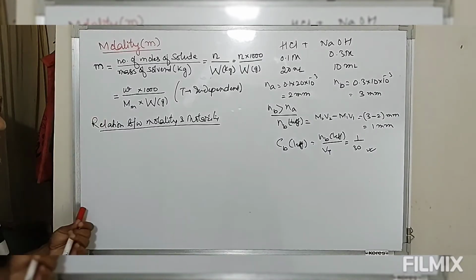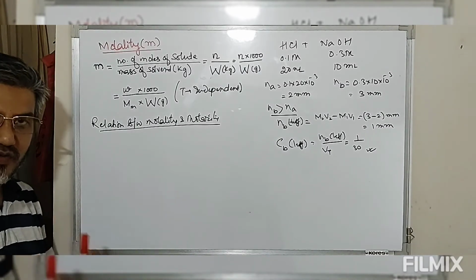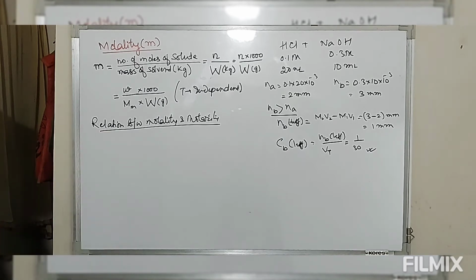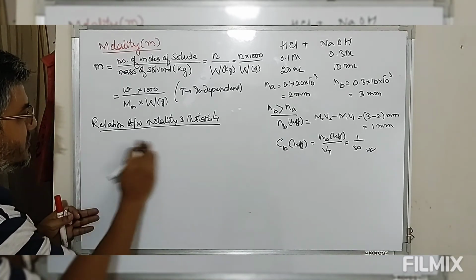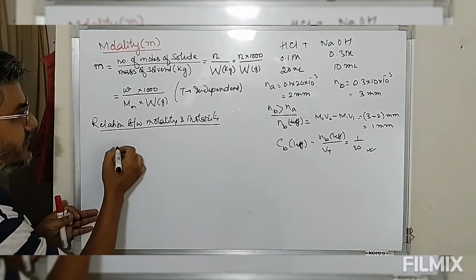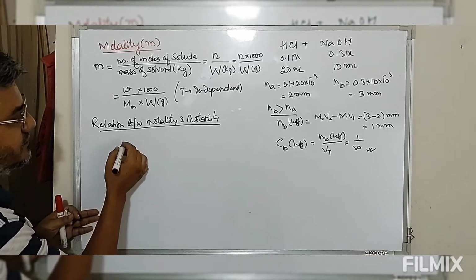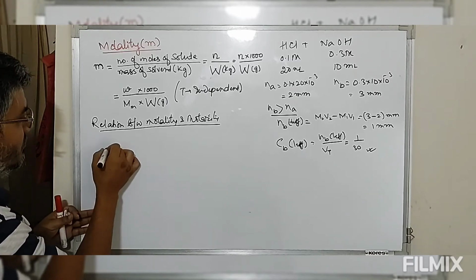Once we have molarity, we can convert into molality, or once we have molality, we can also convert into molarity. So the relationship is, let me just write it down.